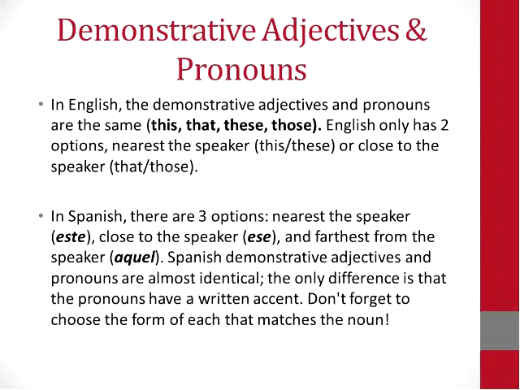In Spanish, you have to remember we have three options, okay? So in Spanish, we have three options, and it's este, then it's ese, and then that one all the way by the computer, I would say that's aquel. Okay, so we have three different options. I'm talking about distance from the speaker.